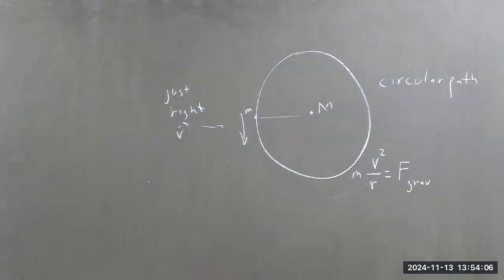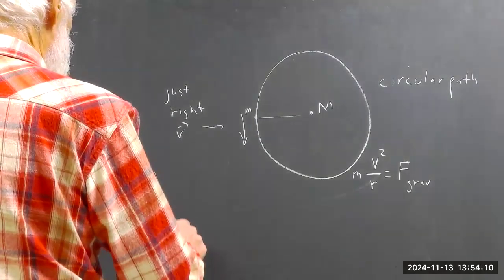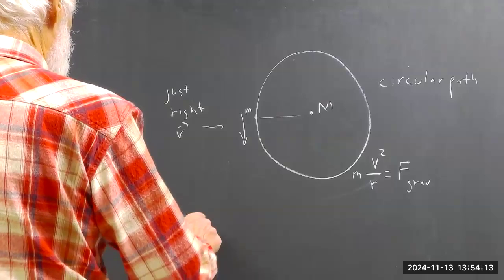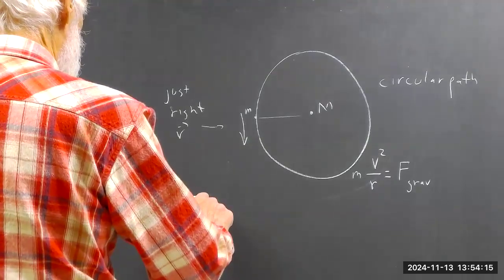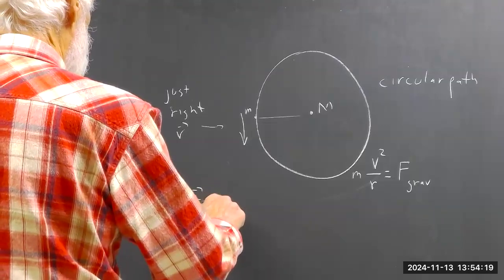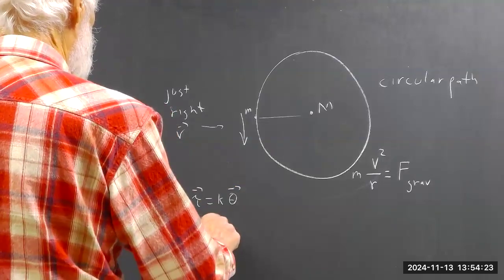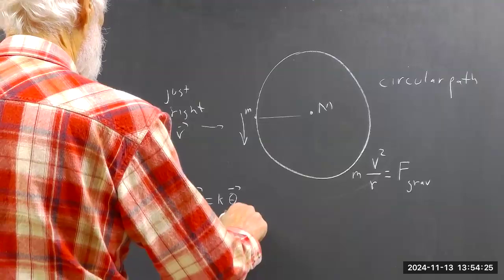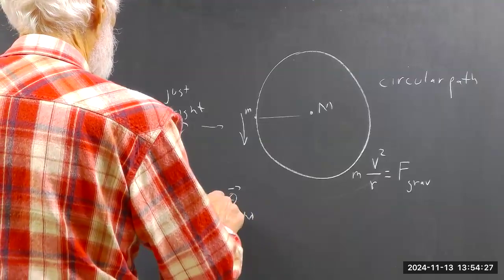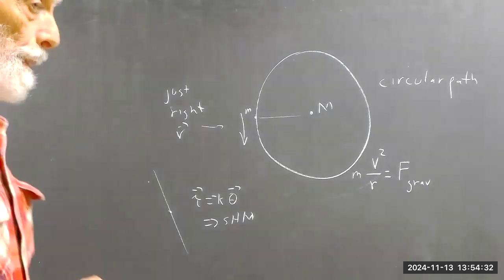Remember what we talked about for that beam. Torque equal K times theta implies simple harmonic motion.